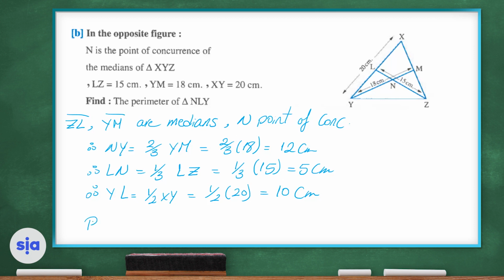So to find the perimeter of triangle NLY, it's equal to 12 plus 5 plus 10, so it is 27 centimeters long.